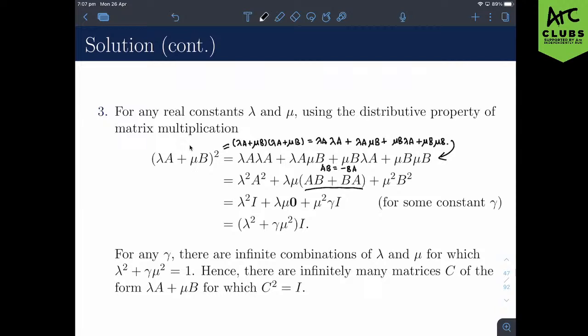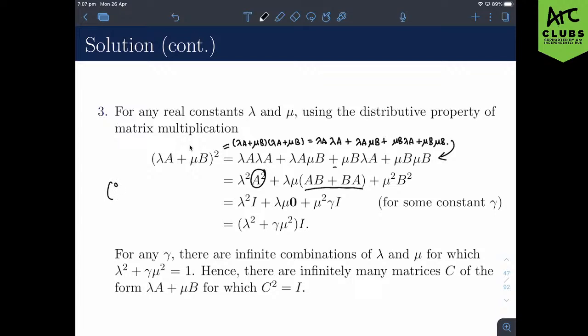So that means that AB plus BA has to be the zero matrix, the n by n matrix where every entry is zero.